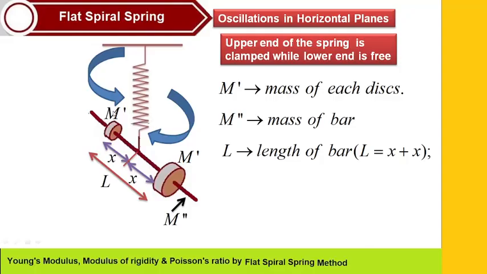This M dash, this M dash, this distance from the center is x, the distance from the center to this disc, and the whole of this bar is capital L, and m double dash is the mass of this bar, which is given here.